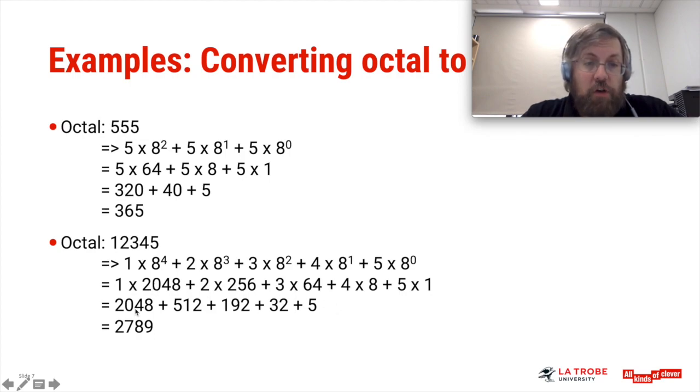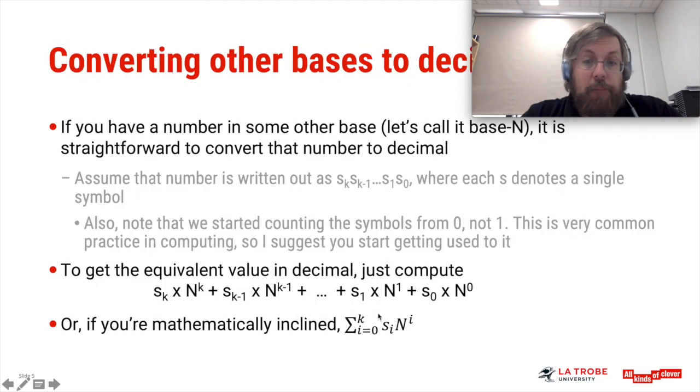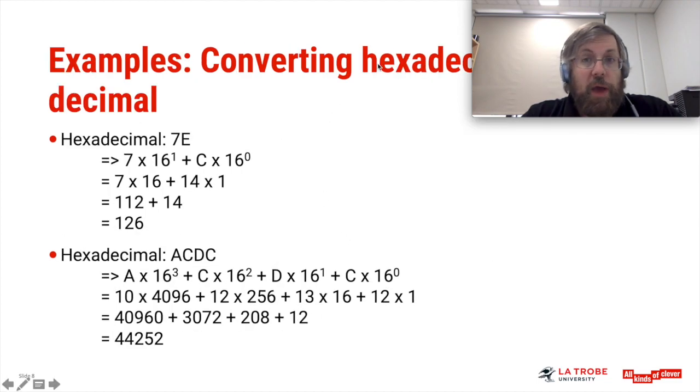Add this all up, you get 5,349. And again, we use the same formula we did before, where the symbols are the values 0 through 7, and n is 8.